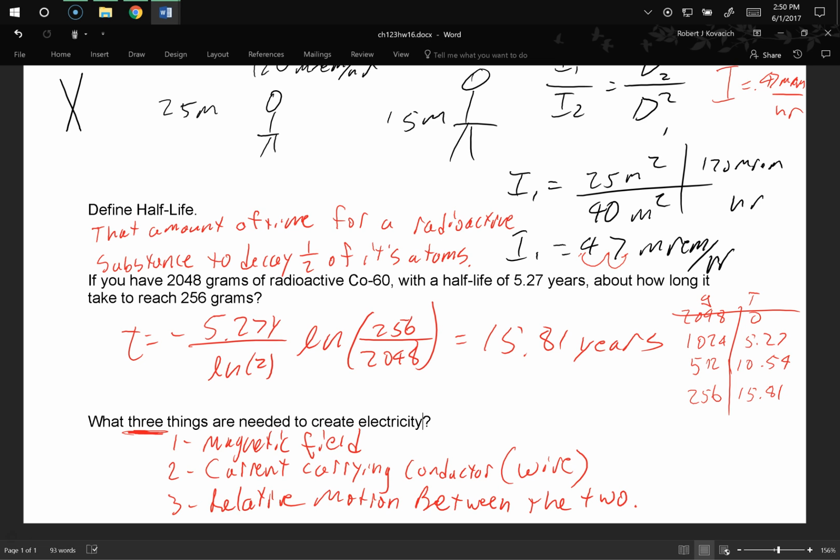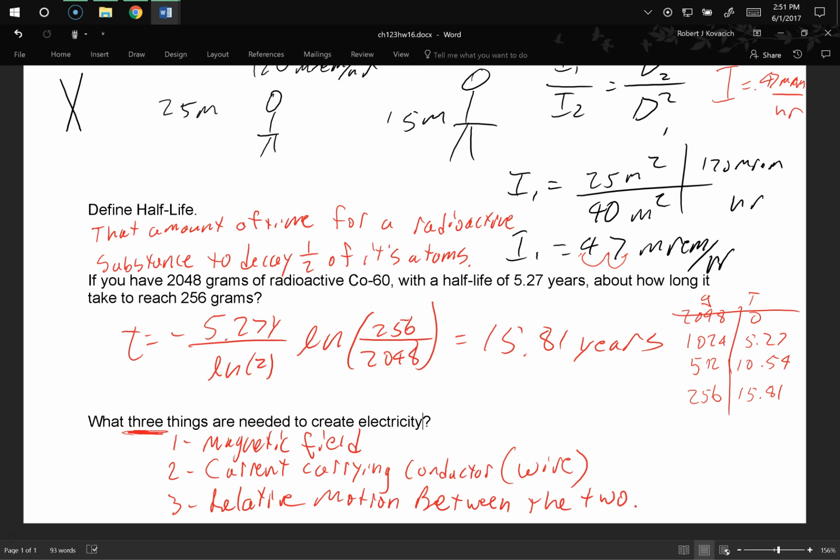What does that mean? So here's a current carrying conductor. Are we okay with that? So if I take this wire, and let's say this is a bar magnet, I can do this, and that would cause electricity to be generated.